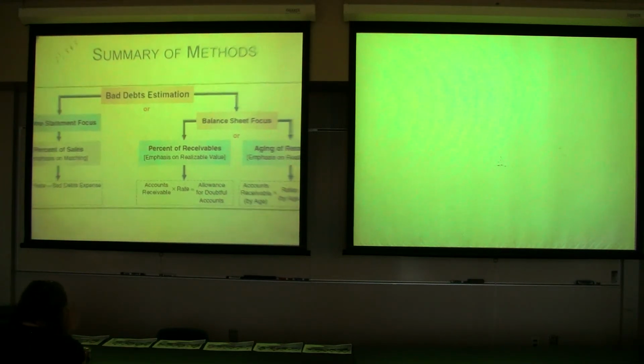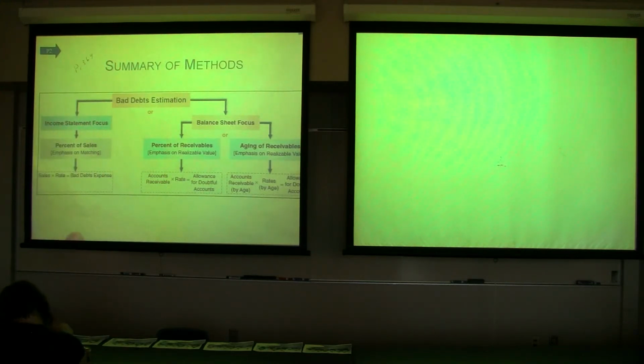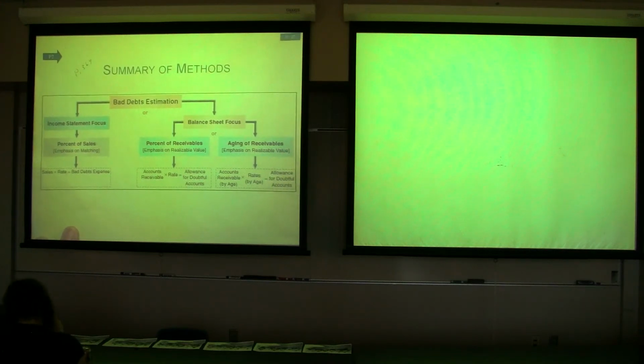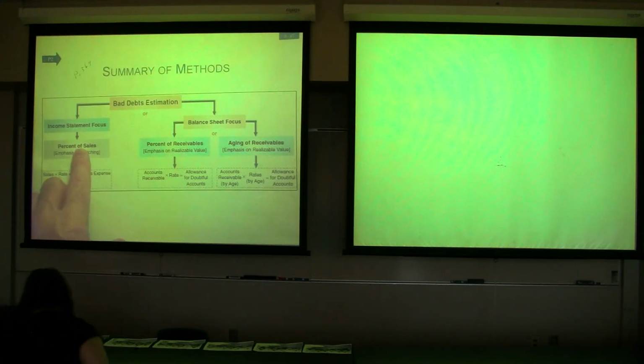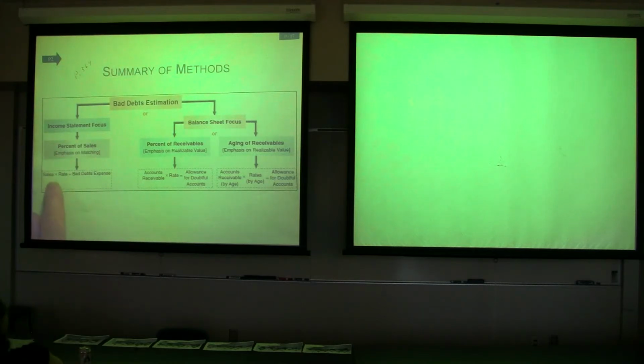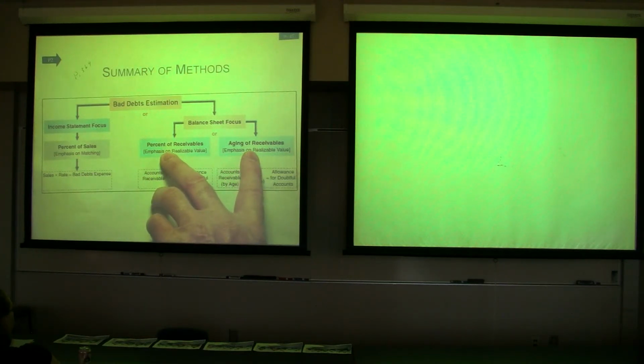So, in this case, by the way, you can find this on page 369 of your textbook. It's easier to read. Okay. So in this case, it's bad debt estimation. So, one, the percentage of sales method focuses on the income statement, and it is the sales times the rate of bad debt to get the bad debt expense, and you do not take into account the current balance, right? Then the other focuses on the balance sheet, and it's either the percentage of receivables or the aging of the receivables.